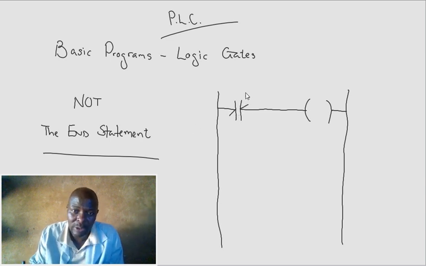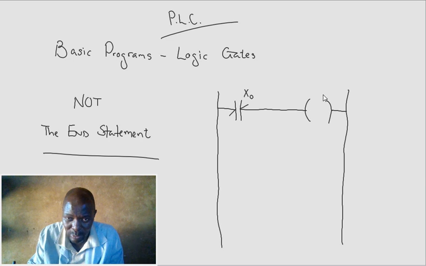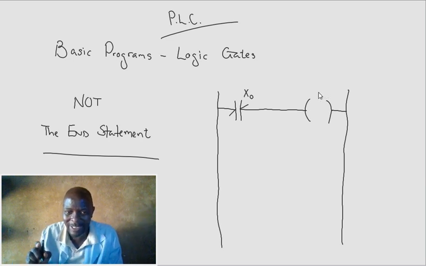a normally closed contact. I said I will call it X's and Y's willy-nilly because I don't want people to latch onto a specific form of terminology. These PLCs are going to differ.